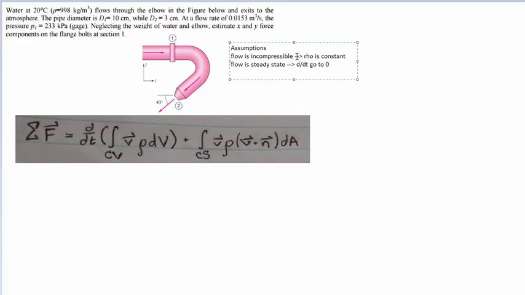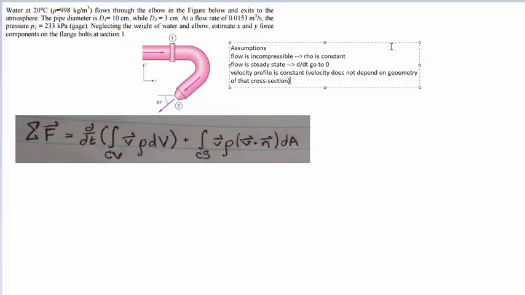And the assumption we'll add, since we talked about it so much last time, is that the velocity profile is constant. And what that means is that the velocity at whatever control surface you're looking at does not depend on the geometry of that cross section.